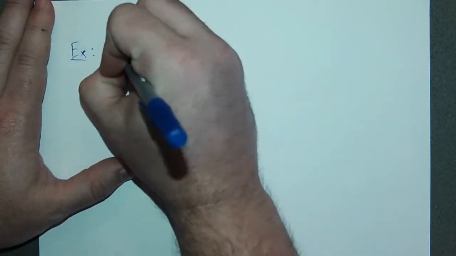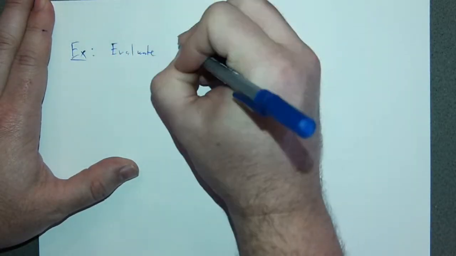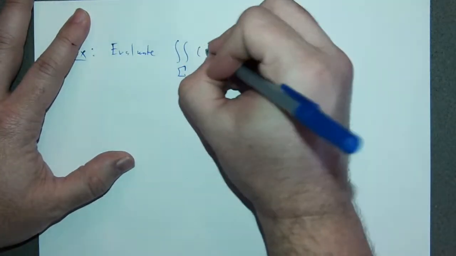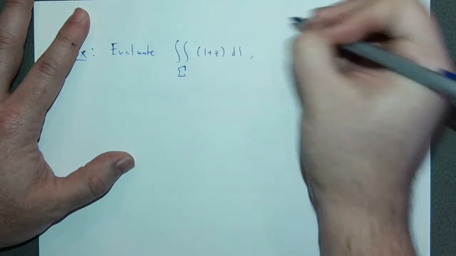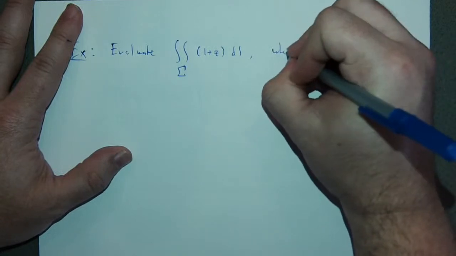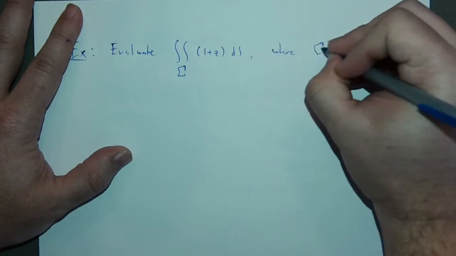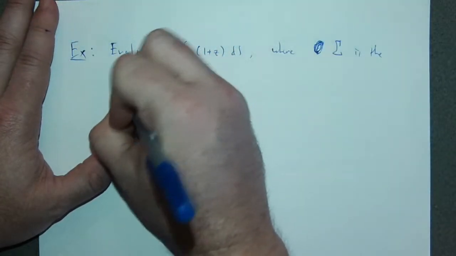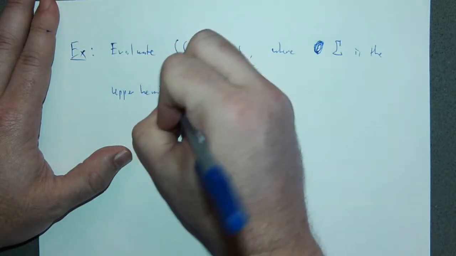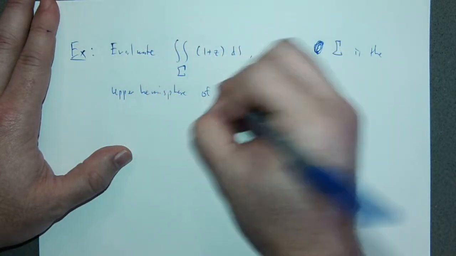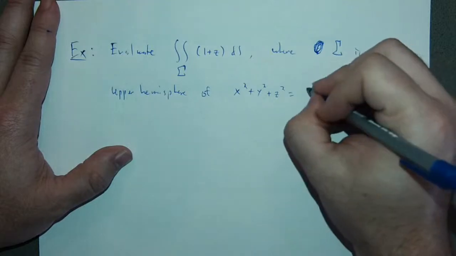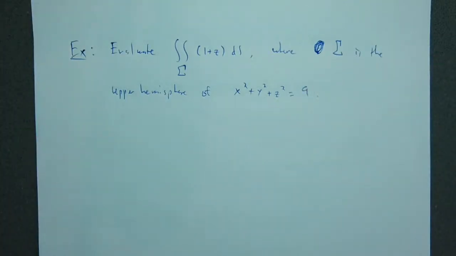So let's evaluate the surface integral over sigma of 1 plus z ds, where sigma, geez, that wasn't even close. So sigma is the upper hemisphere of x squared plus y squared plus z squared is equal to 1. Or, sorry, is equal to 9. So I'll just reuse the same thing.